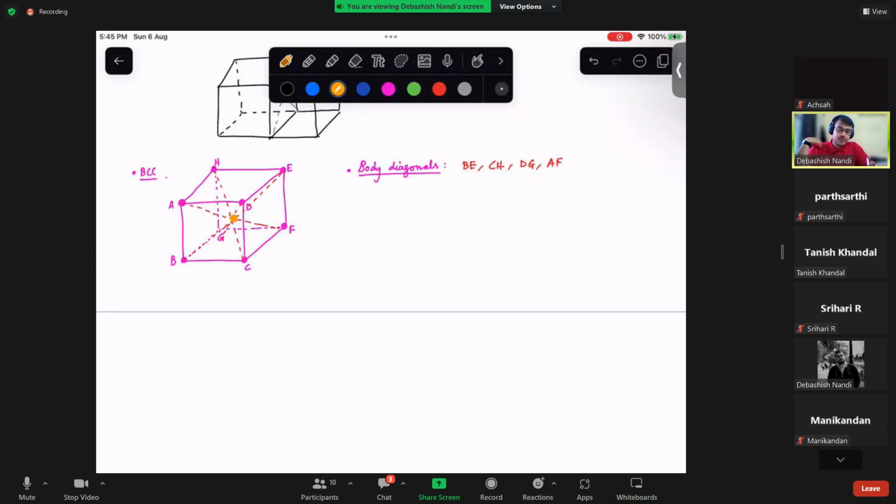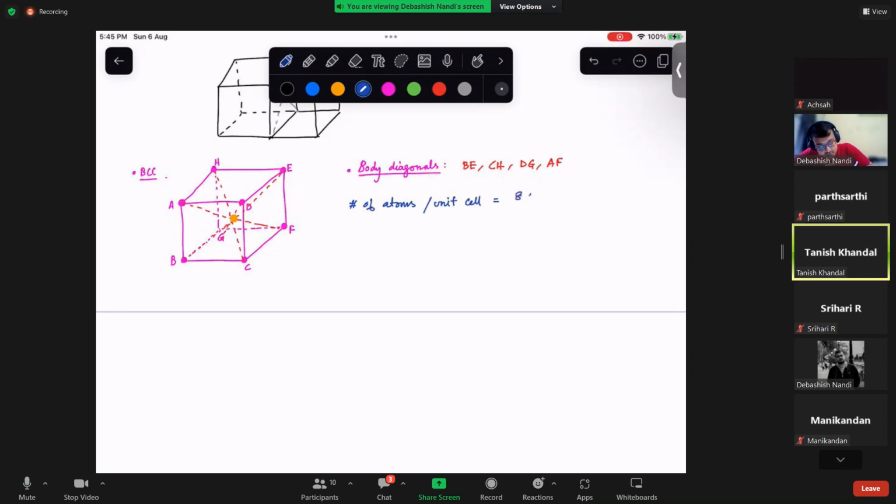Now can you quickly tell me the number of atoms per unit cell for BCC? Again, go step by step. How many types of atoms do you have? 8 corner atoms plus 1 center atom, because there is no face. It is body centered cubic.